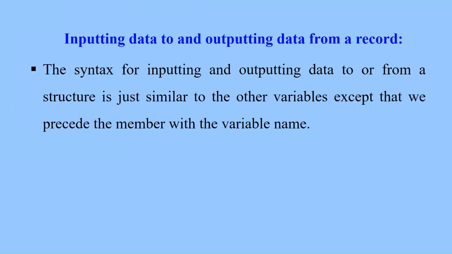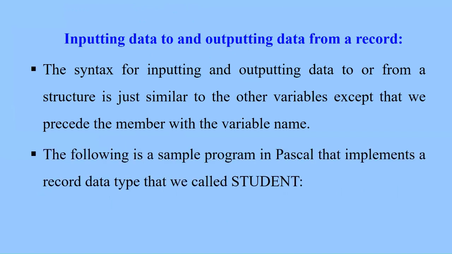The syntax for inputting and outputting data to or from a structure is just similar to the other variables, except that we precede the member with a variable name. The following is a sample program in Pascal that implements a record data type that we have called the student. So our program is students. Then we declare uses.